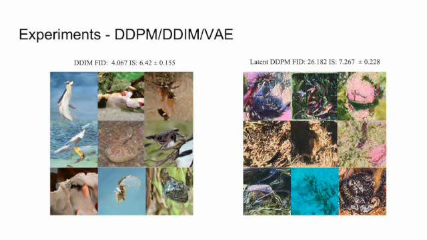On the next slide, we compare this to the results of DDM and VAE. The DDM model achieved a slightly higher FID of 4.067. Visually, it suffers from the same issues as DDPM. The samples are noisy and difficult to interpret. The VAE shown at the bottom represents an interesting case. It achieves the highest Inception Score of 7.27, but the FID spiked to over 26.